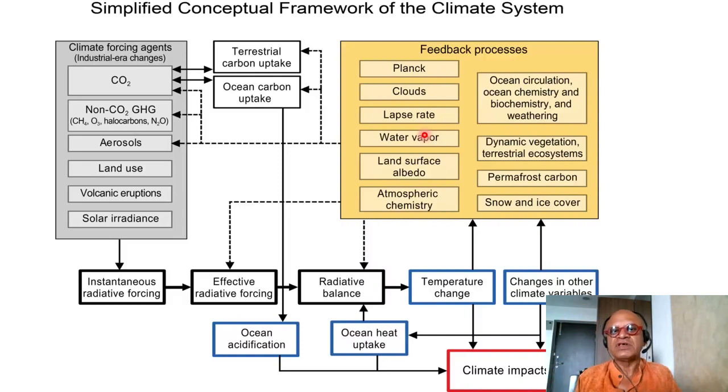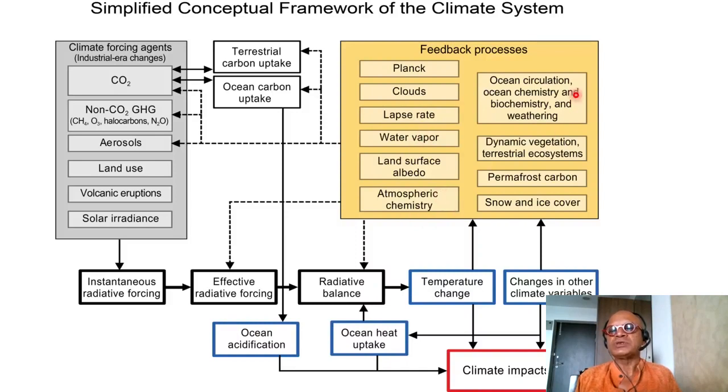Water vapor: of course, if temperatures cool, the atmosphere cannot hold as much water vapor as when it is warm, but if it warms and water vapor increases, then you have water vapor as a strong greenhouse gas which traps more radiation and makes it warmer further. Land surface albedo, atmospheric chemistry, and so on.